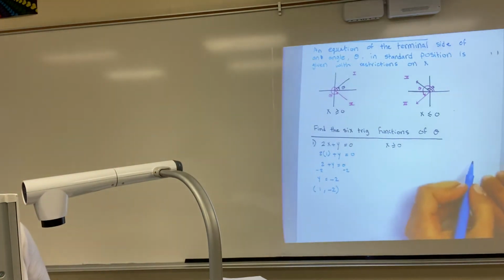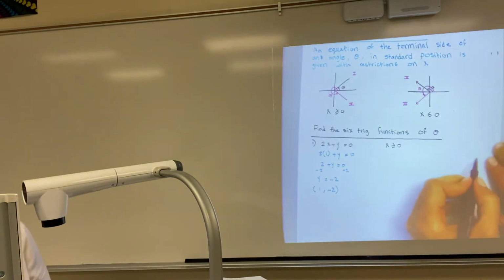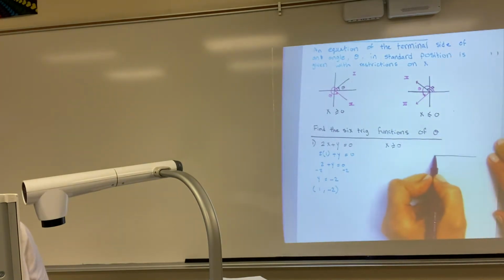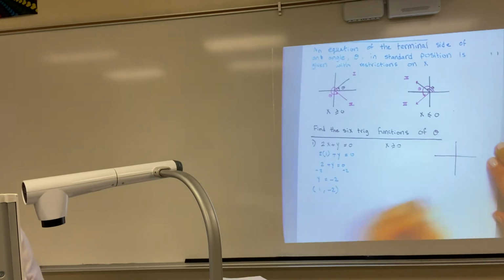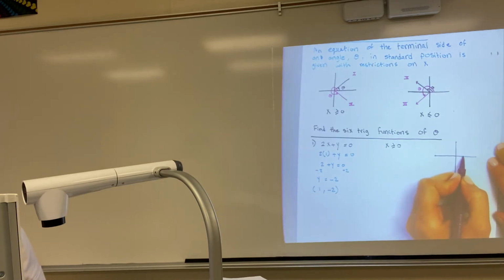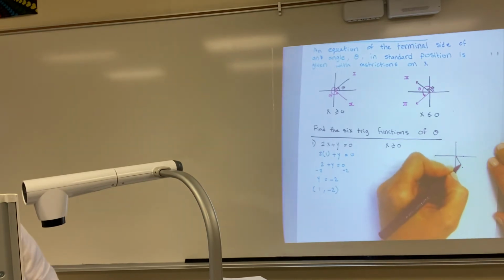And now we said x is 1, y is negative 2. So here is my triangle, right triangle.